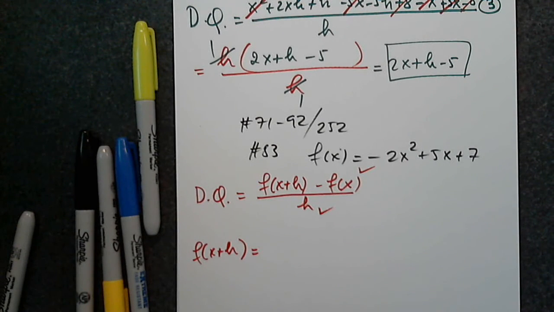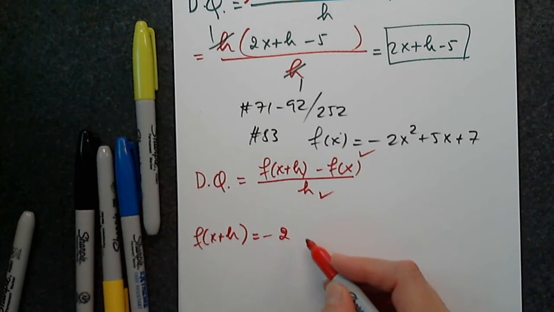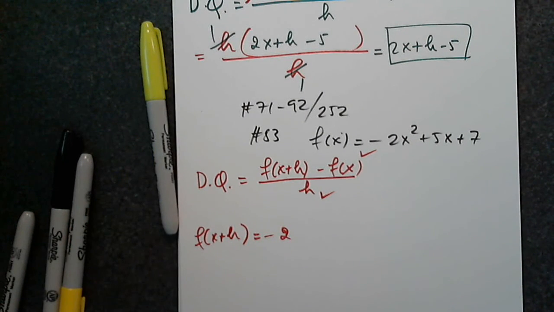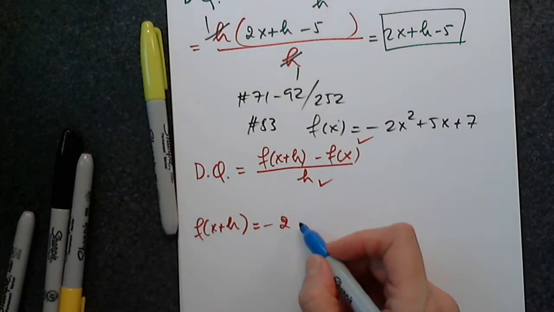What would you say? Negative 2x squared plus 5x plus 7 plus h. Right? Look at what the function is telling us. The function says negative 2 times blah squared plus 5 times blah plus 7.